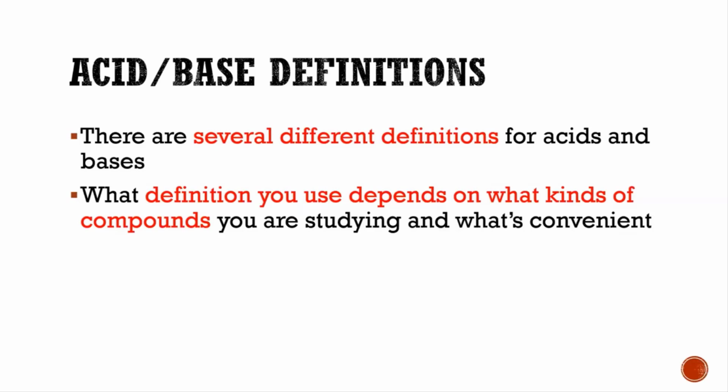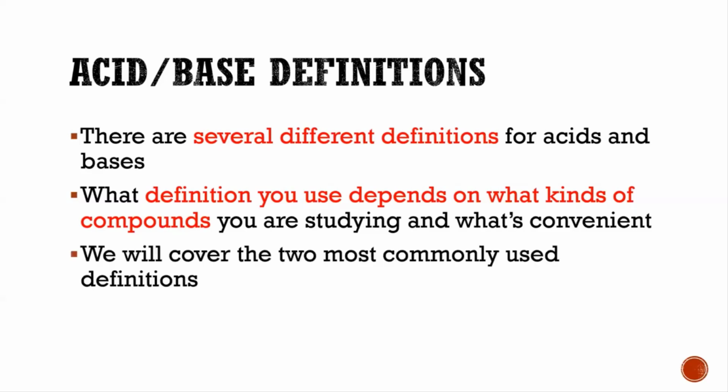One definition we won't discuss is Lewis acid and base, because that's really popular in organic chemistry where there's not a lot of water, but we're focusing on water. So we deal with equilibriums and solutions in water. So our definitions are going to be slightly different than that. So we'll cover the most common ones.